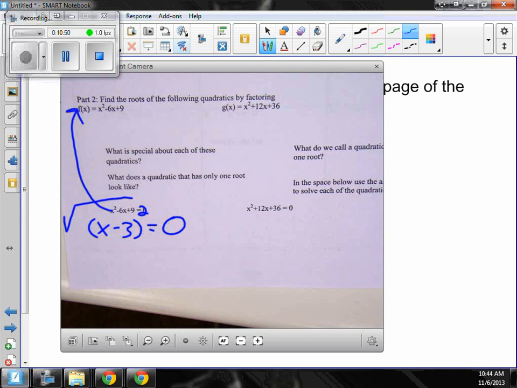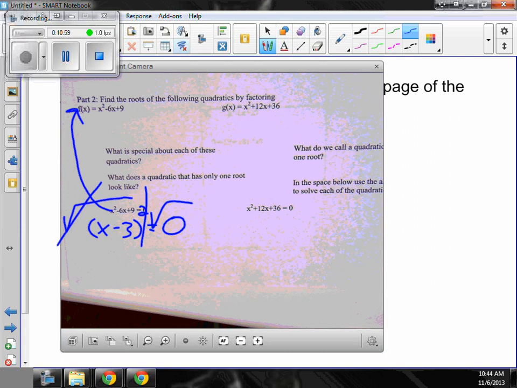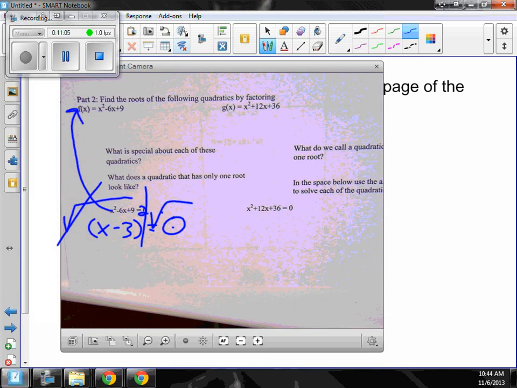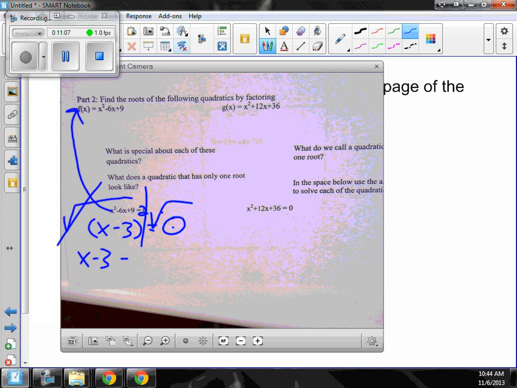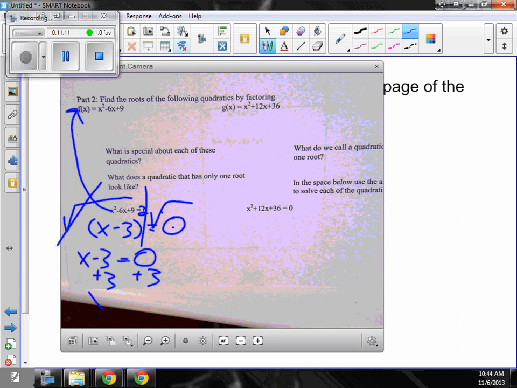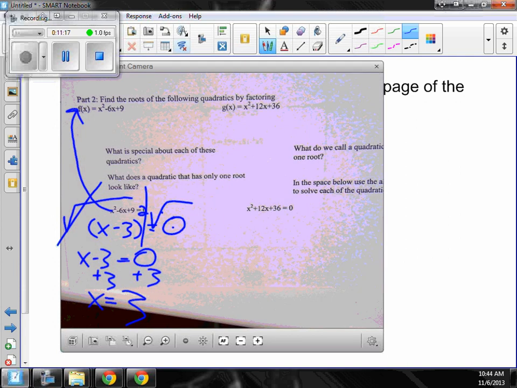So I already knew it was x minus 3 and x minus 3. So I'm going to square root both sides, and the square root cancels the square. What is the square root of 0? What times itself is 0? 0. So I just get x minus 3 equals 0, and now I add 3. And there's my answer. That quadratic hits the x-axis at 3.